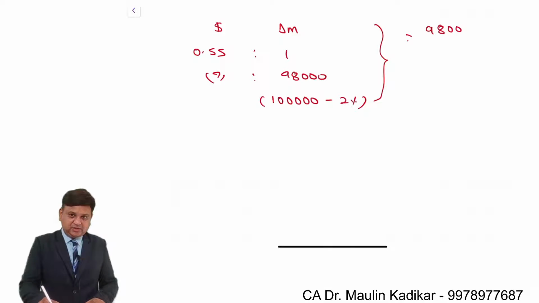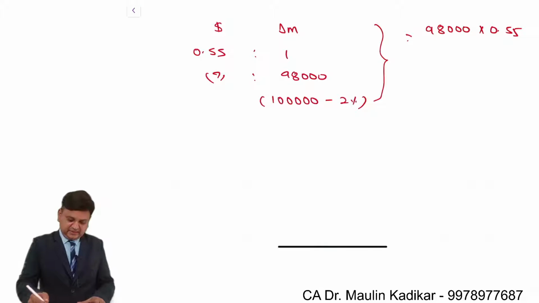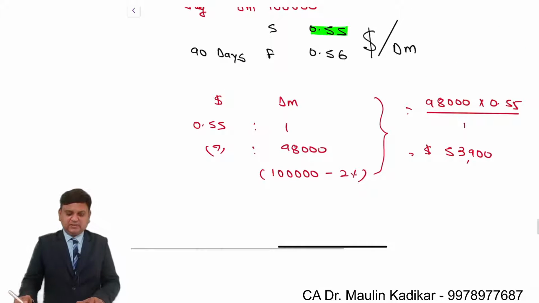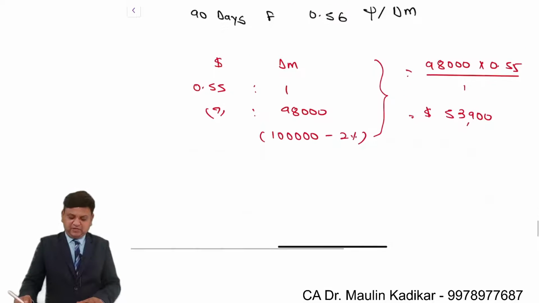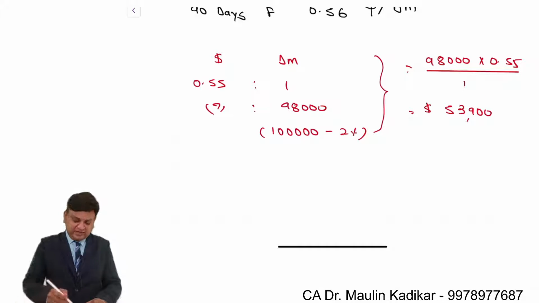So it is 98,000 into 0.55, that comes to $53,900. This is the amount of dollar that you have to pay if you settle the account within 10 days. No specific exchange rate is provided after 10 days, so we are taking the spot rate itself.